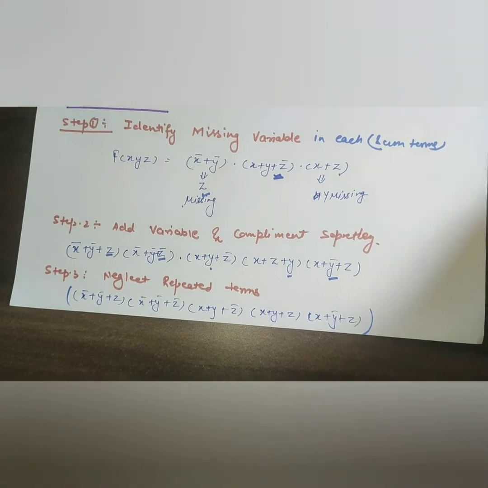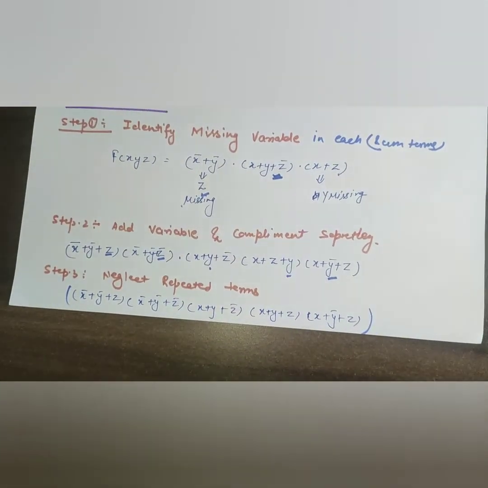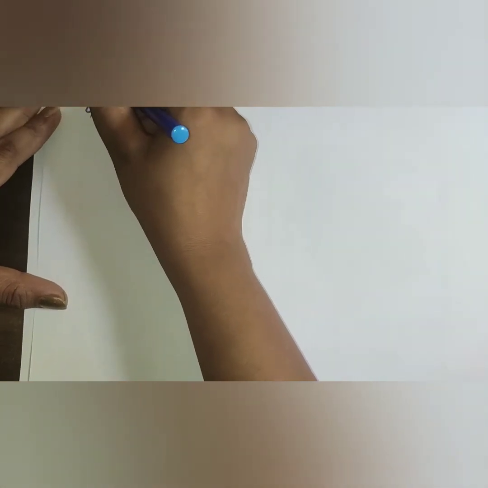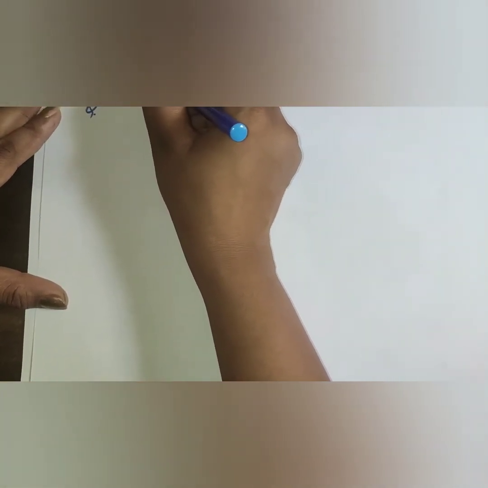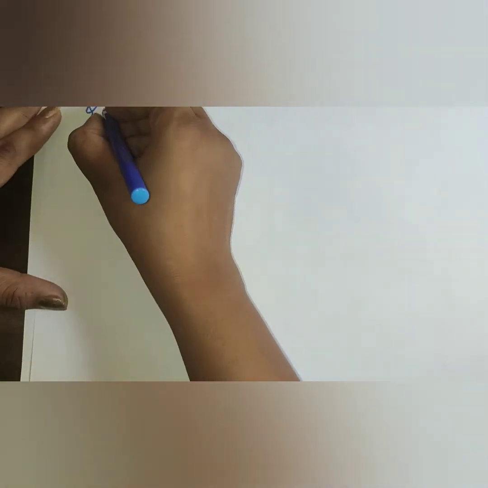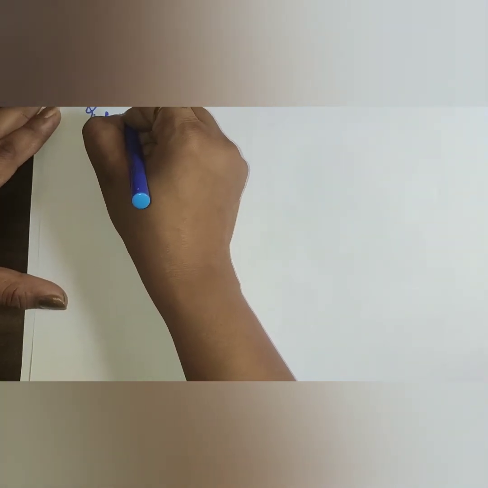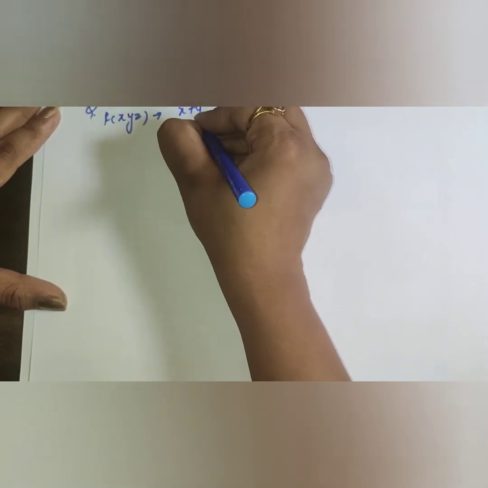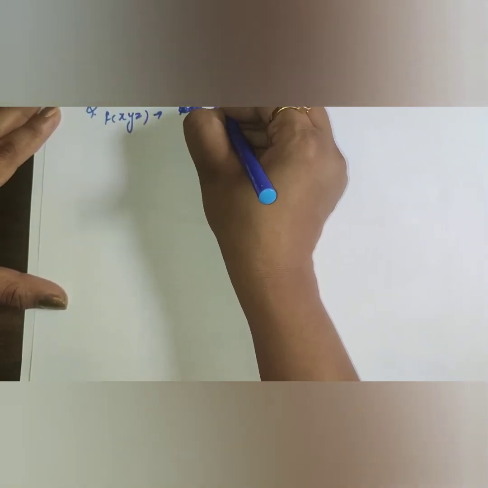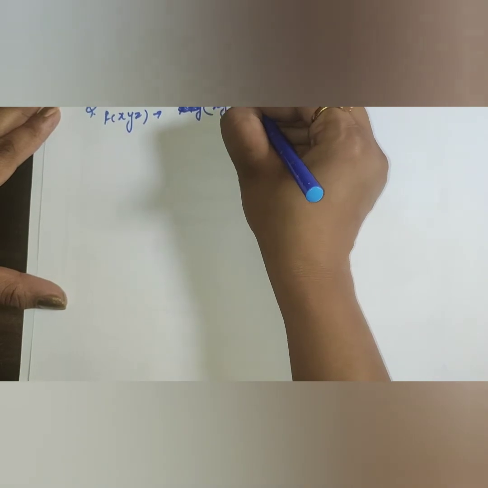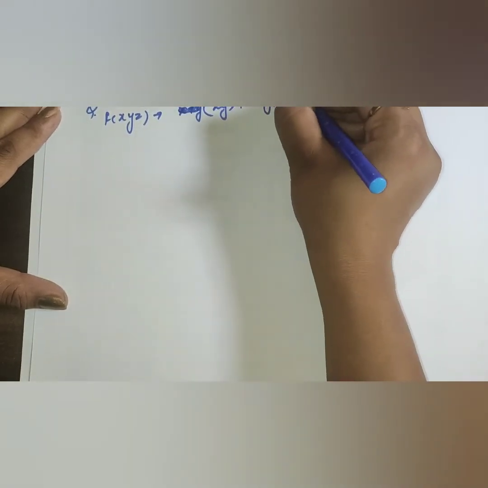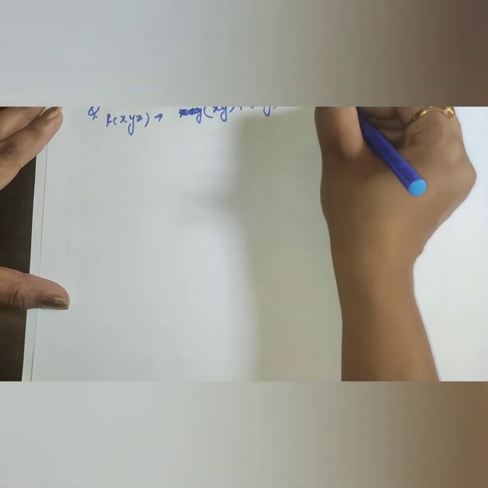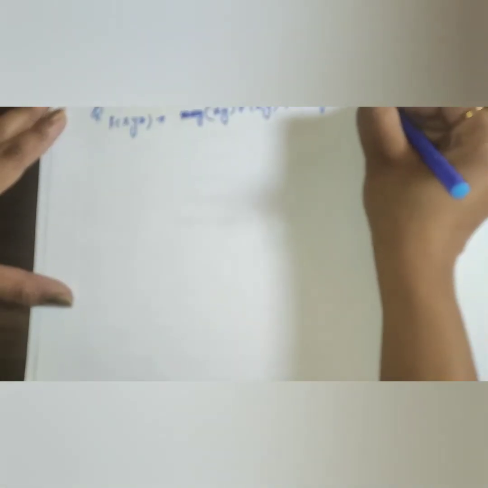So here are some questions you have to do and send me with your answers. The question is SOP to standard SOP form. First, function x y z equals x y plus x y bar plus x z y plus x z bar y.